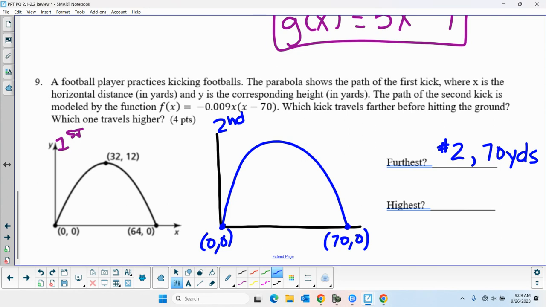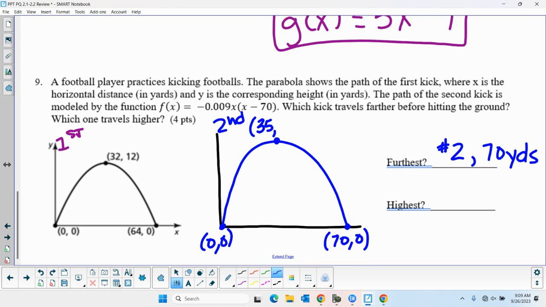Now I have to figure out highest, so I have to figure out the vertex. What's halfway between 0 and 70? 35, right? So my x value is 35. Again, just halfway between where it started and where it hit the ground.